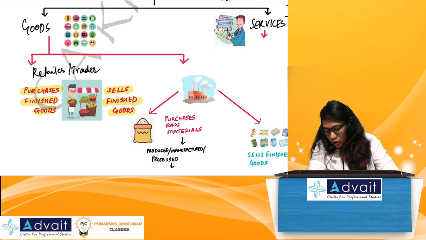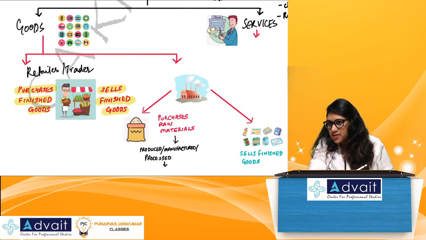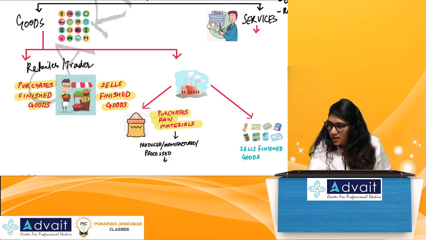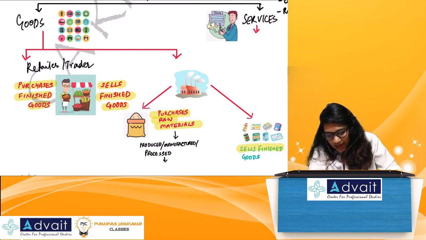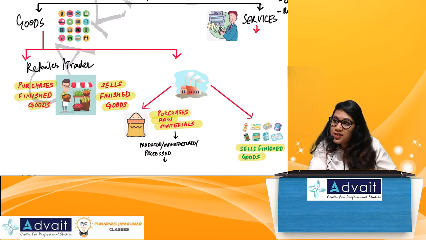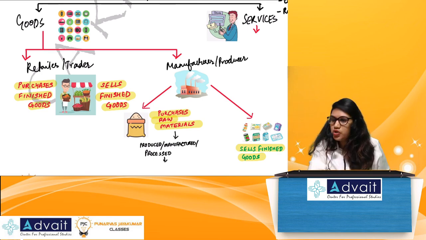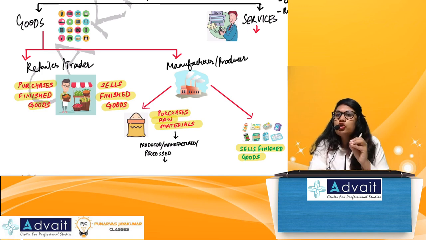Correct? So there is another person in the story. Who's that? Purchases raw materials, correct, and sells finished goods. Who's this? Manufacturer. So the other person is the manufacturer or producer.